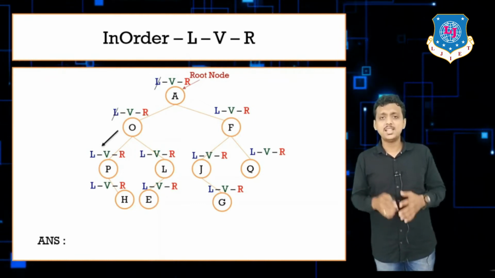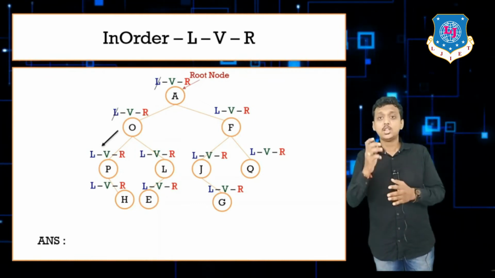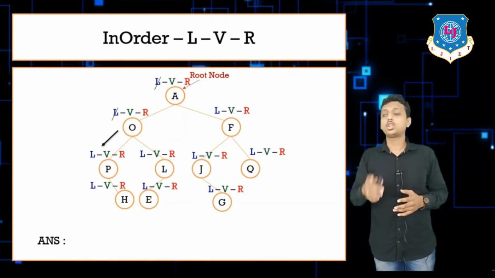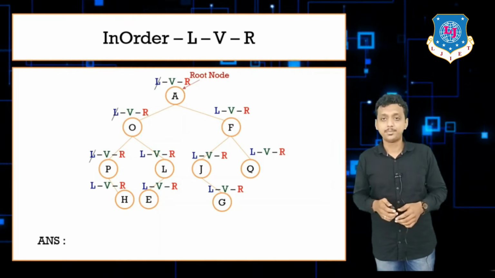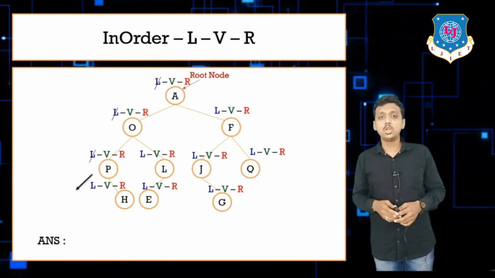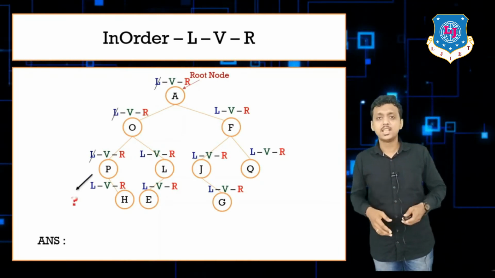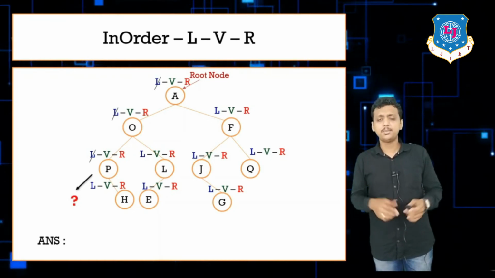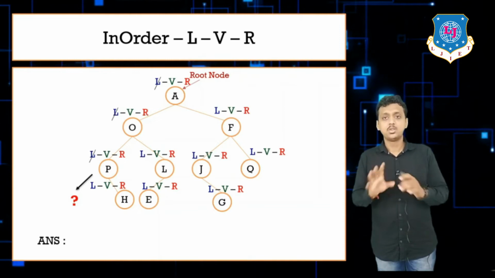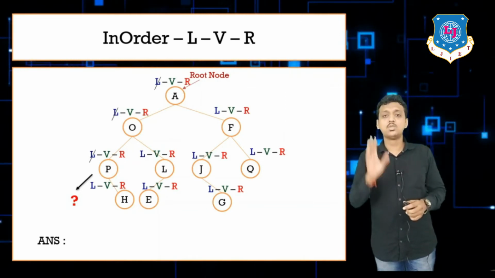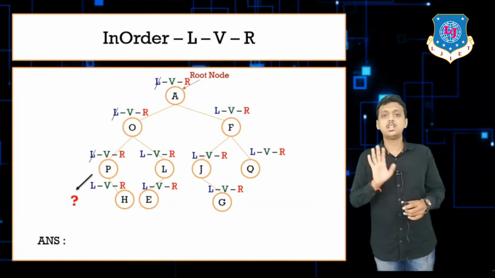O's left subchild is P. So cut on L and move further to P. Now tell me, is there any node on the left side of P? No. So just forget it. If there is no node on the left side, then it's okay.